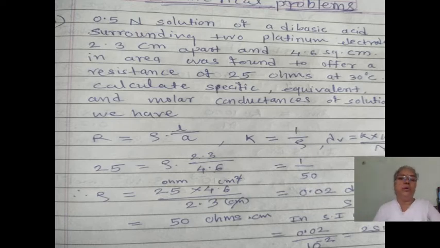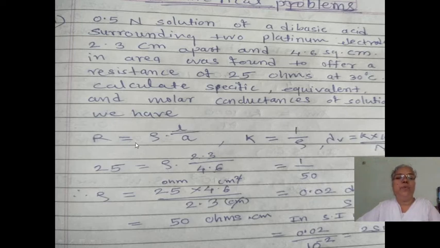Here, we have the formula for resistance. Resistance R is equal to rho into L by A, where rho is the specific resistance, L is the distance of separation, and A is the cross section.